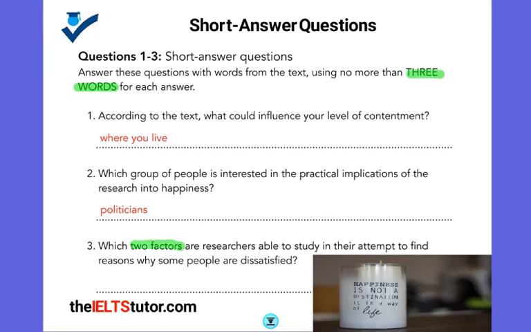Okay, 2 factors that researchers are able to study to try to find reasons why people are dissatisfied. So something about unhappiness or dissatisfaction, I think those should be your clues. Why some people are dissatisfied, why some people are unhappy. So which 2 factors are scientists studying?